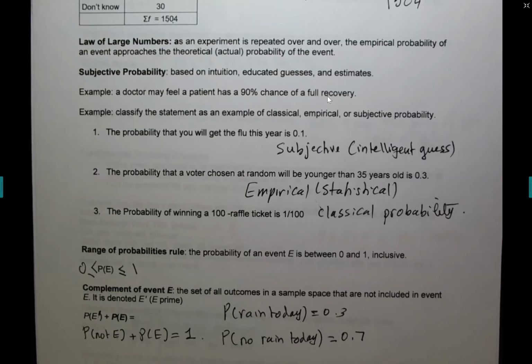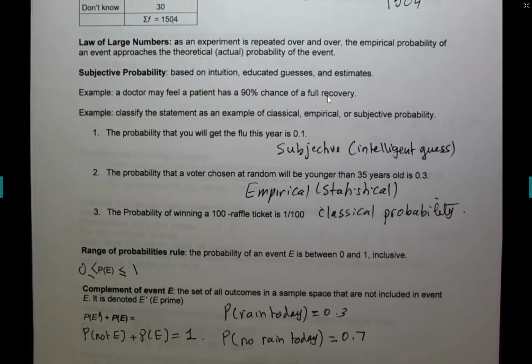What's the probability that he or she is not successful? You do the rest to get 1, which is 0.25, and so on and so forth. So if you know the probability of the event, you should be able to tell the probability of not the event, that the event doesn't happen. So probability of not E plus probability of E should always add up to 1.